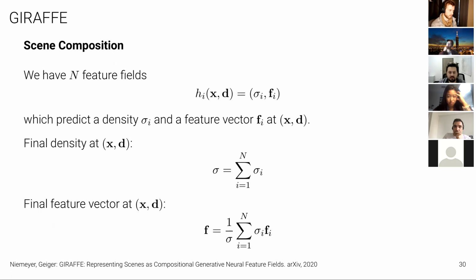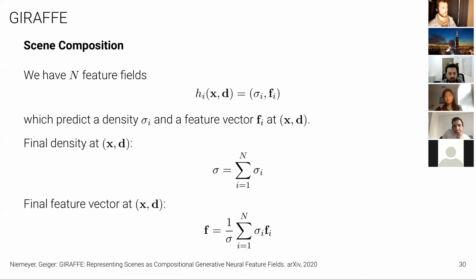So we will see that the scene composition is very simple. What we do is, let's say we have n feature fields. They all predict a density and a feature vector at the position X for viewing direction D. And if you think about how you should combine non-solid objects, it's very intuitive that if you have an overlapping point, you sum up the individual components.